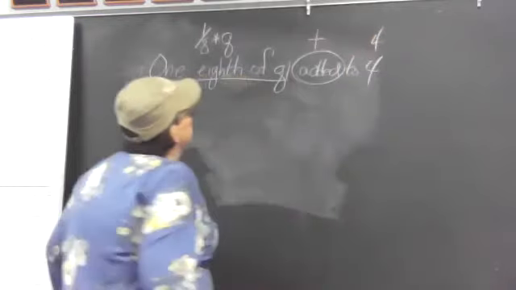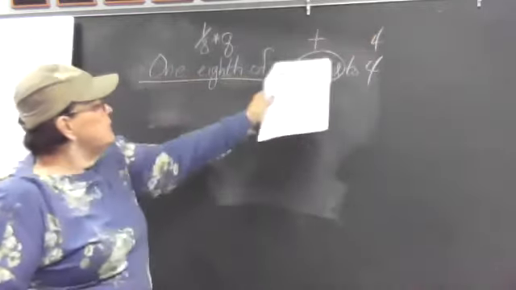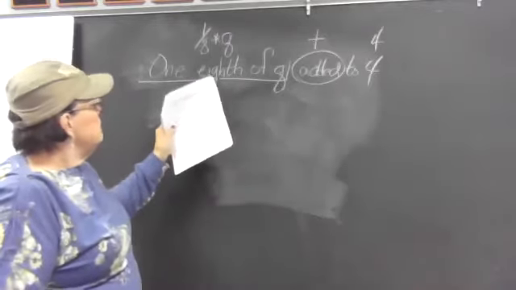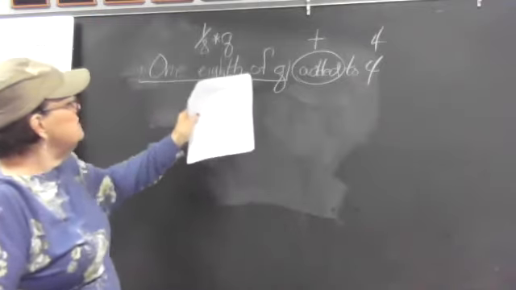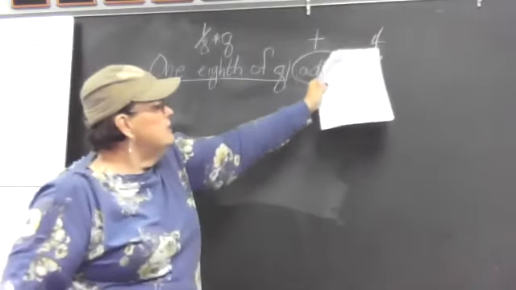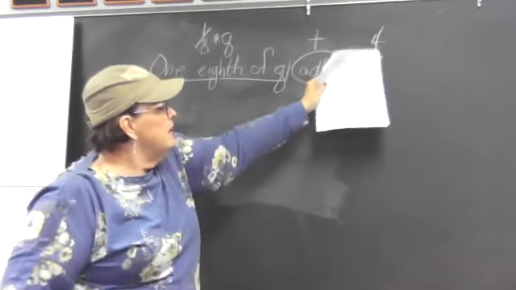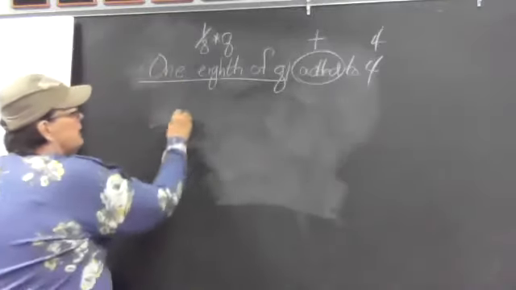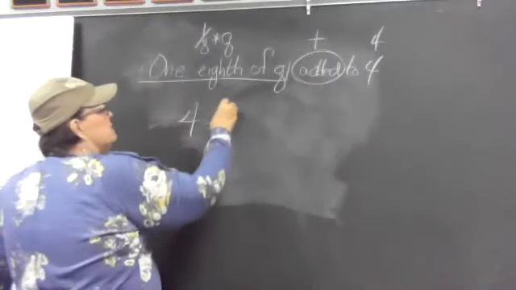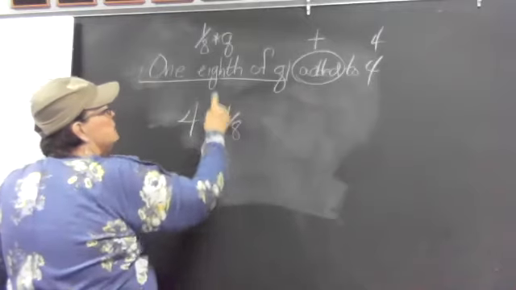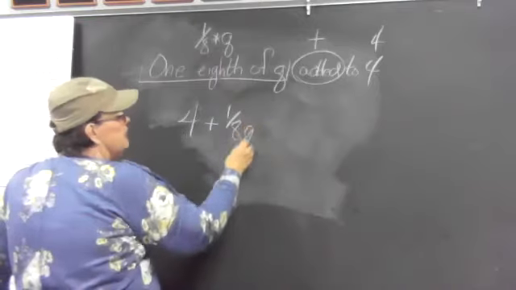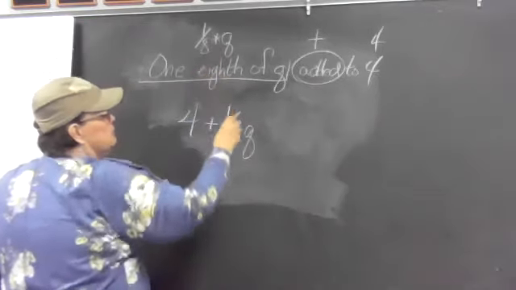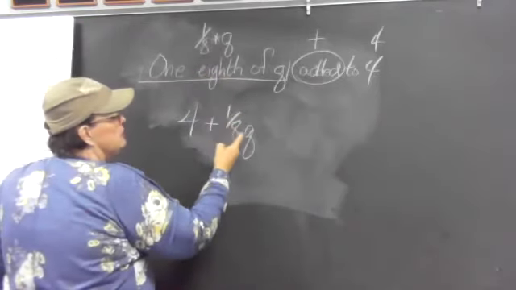Now I like to write the numbers up above the sentence, but then we read it again and we say that this is added to this. So the 4 has to happen first. So we have 4 plus 1/8 Q, and remember, we can cram these together and it means multiply. So we don't have to put the multiply sign if we cram it together.